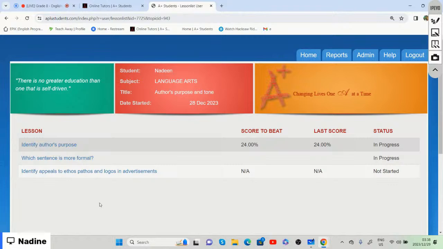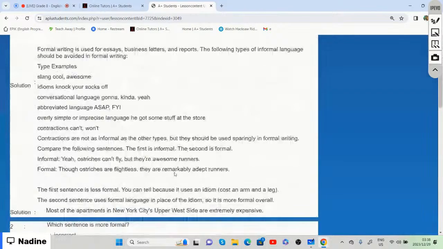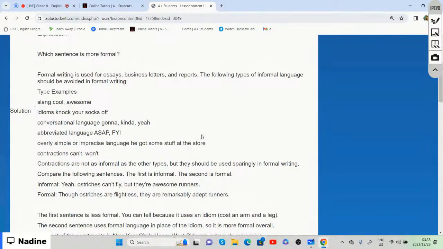So now we need to say which sentence is more formal. Formal writing is used for essays, business letters, as well as reports. The following types of informal language should be avoided in formal writing.